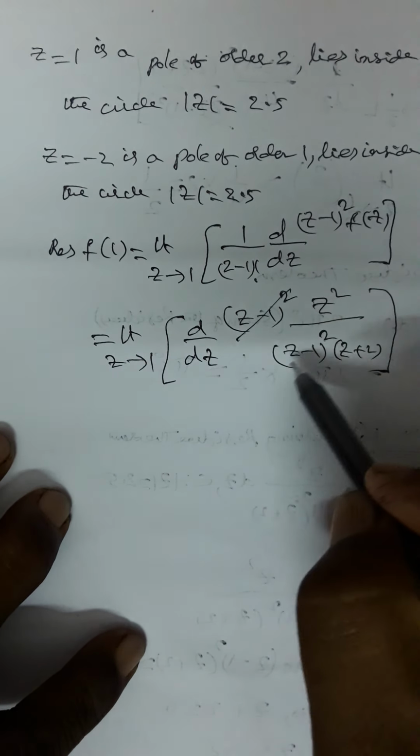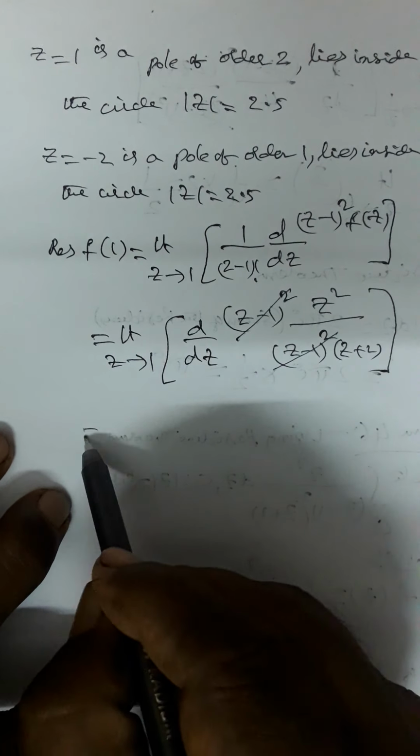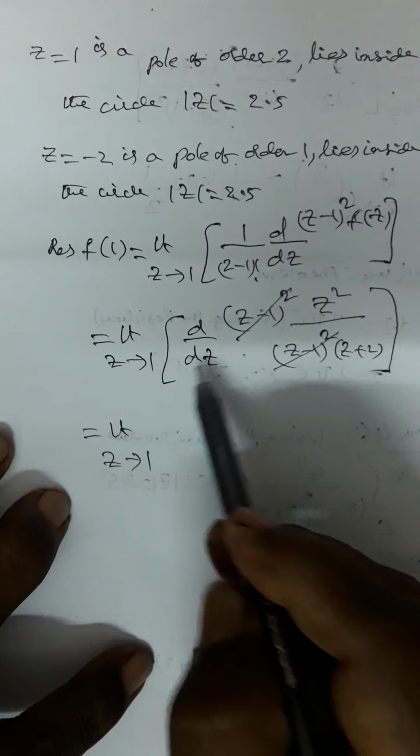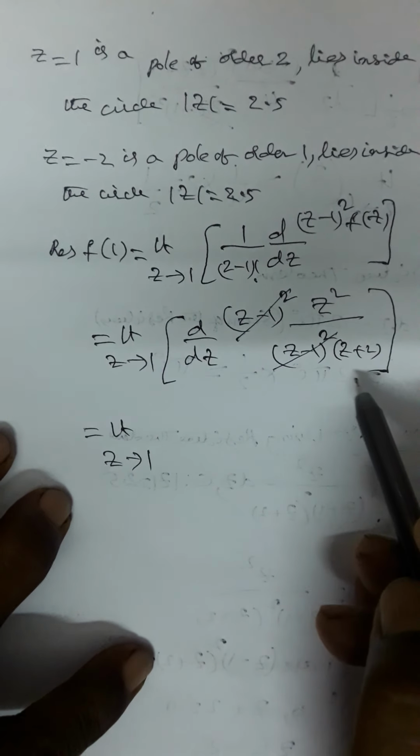The (z minus 1) whole square cancels. The limit as z tends to 1 of the derivative d by dz of z square by (z plus 2).